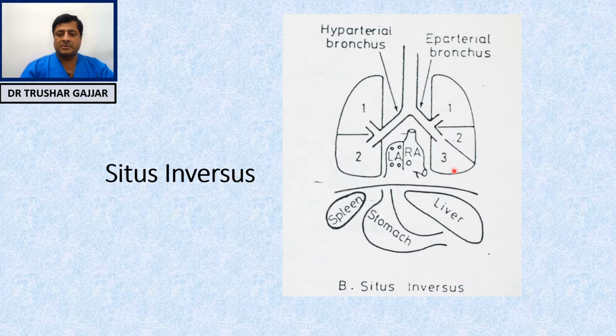The 3-lobed lung is on the left side and the 2-lobed lung is on the right side. The left bronchus is eparterial and the right bronchus is hyparterial. The atrium receiving systemic veins is on the left side and the atrium receiving pulmonary veins is on the right side. The liver is on the left side, and the spleen and stomach are on the right side.